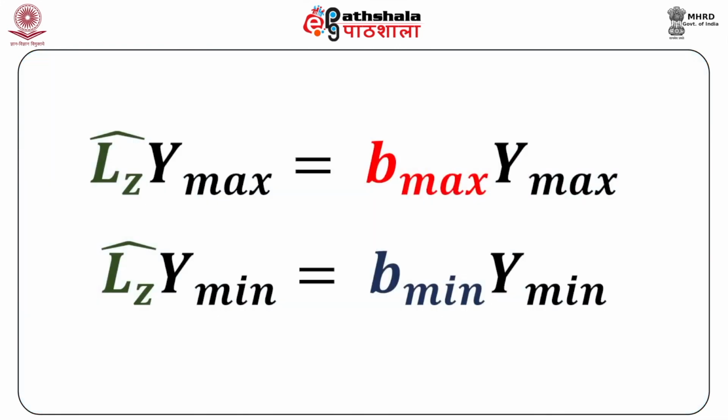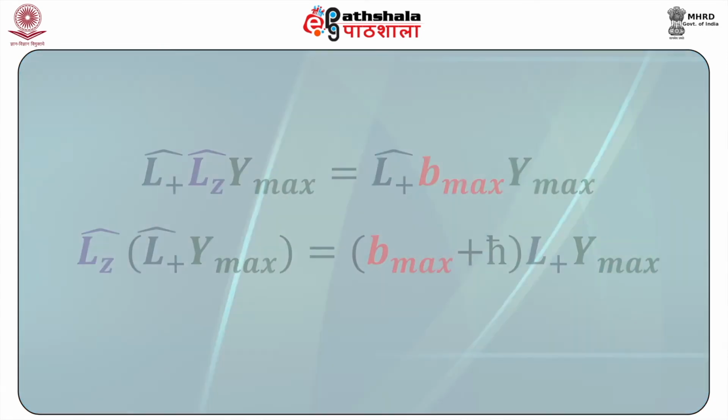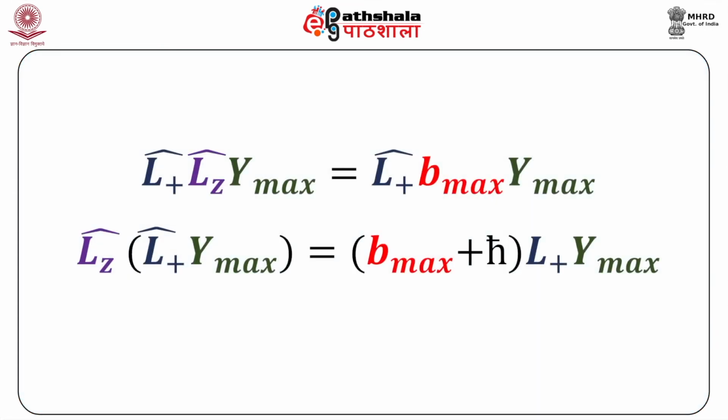Now let us consider Bmax and Bmin as the largest and smallest eigenvalues of the Lz operator. This modifies the eigenvalue equation of angular momentum component Lz as Lz ψmax equals Bmax ψmax, Lz ψmin equals Bmin ψmin. Now operating on the Bmax equation with the L plus operator gives us L plus Lz ψmax equals L plus Bmax ψmax.